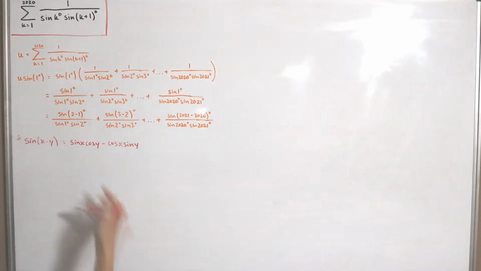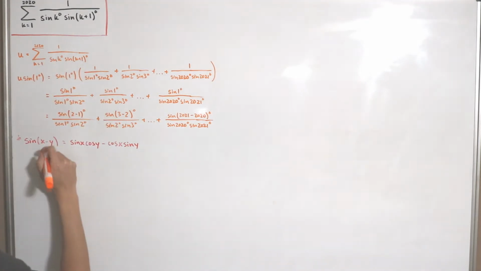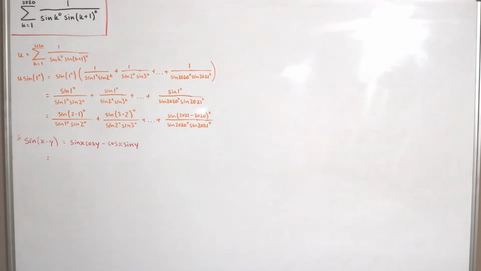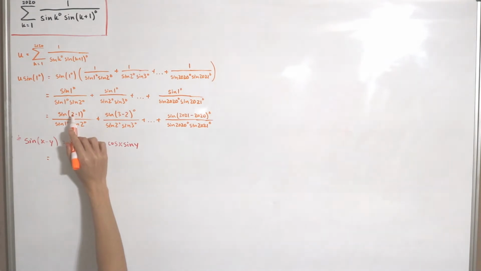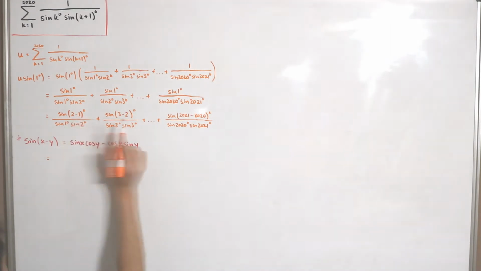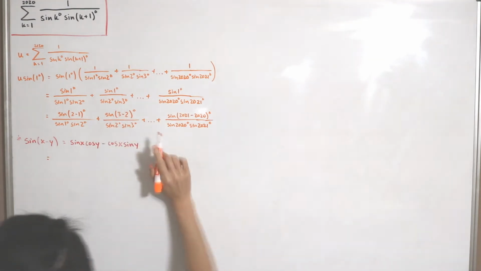We'll just use this identity to rewrite some things from our numerator. When I do this, let's see, for the first term our x we'll call 2, and our y will be 1. Basically all our x's are from the left, and all our y's are from the right of our specific input.